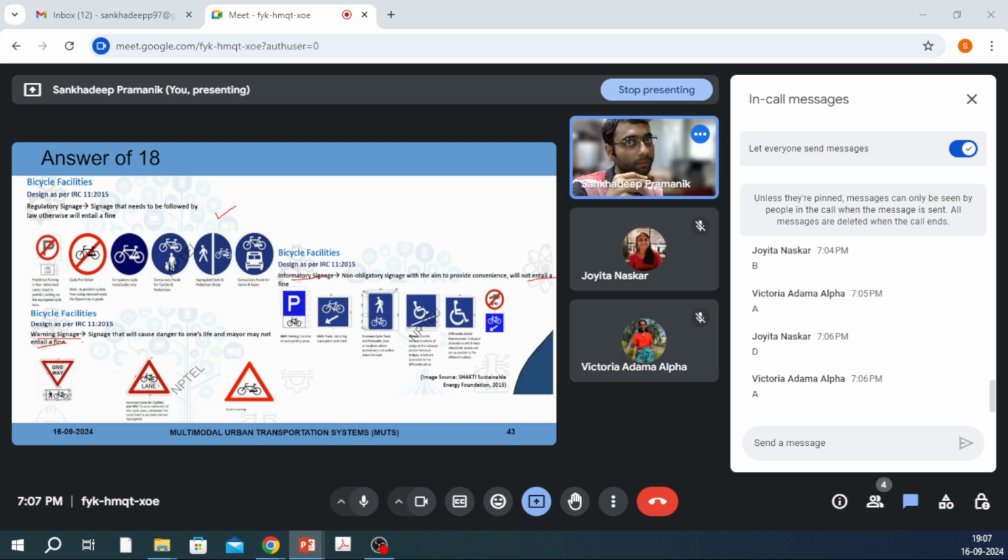If someone does not obey that sign, they may come into danger. The giveaway sign is mainly provided where a major road and minor road intersect. This sign is placed for the minor road so that the minor road vehicle stops and looks for an opportunity. If there is no vehicle or there is a safe passage between the vehicles from the major road, then they will pass. So it is basically a warning for the users.